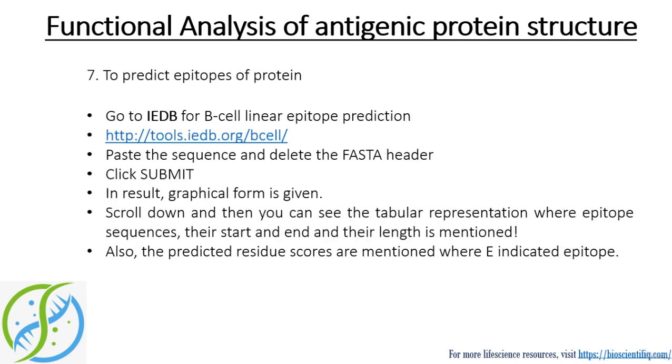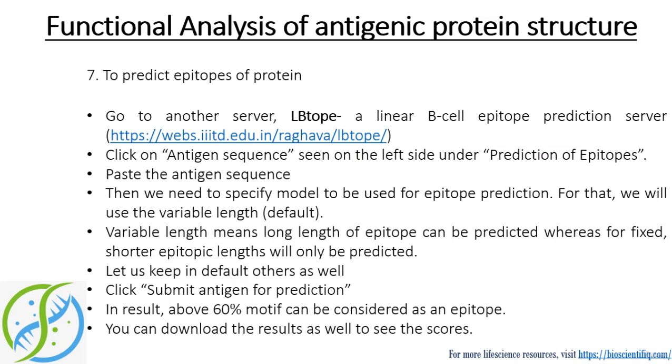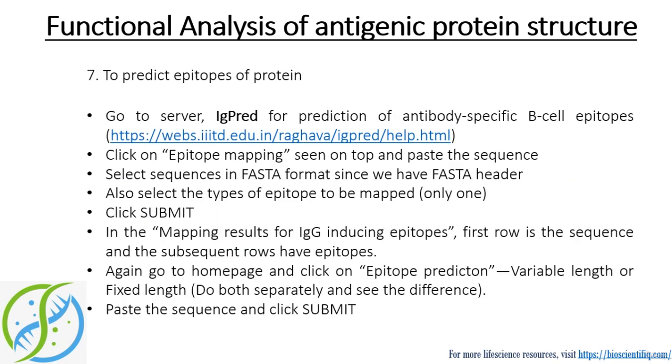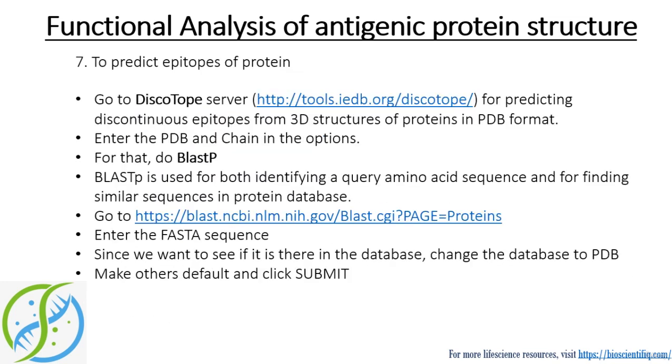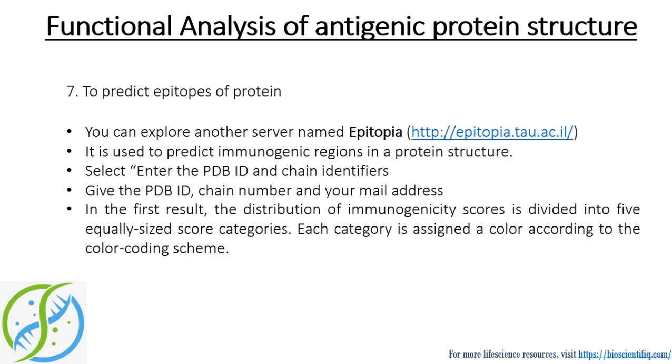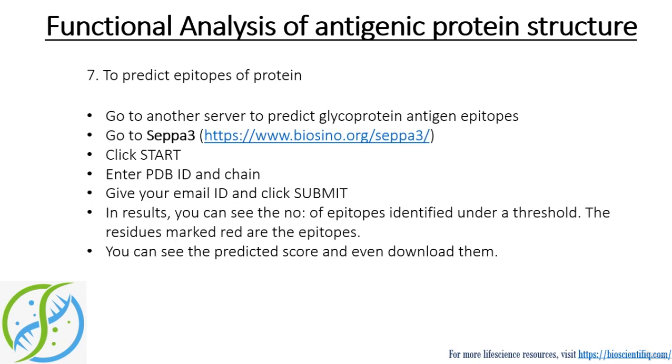Okay, so here we'll be dealing with several other softwares to determine various epitopes, like the linear B cell epitopes, the conformational B cell epitopes, the antibody specific B cell epitopes, discontinuous epitopes, and various epitopes to predict the immunogenic regions, and also to predict the glycogen antigen epitopes.